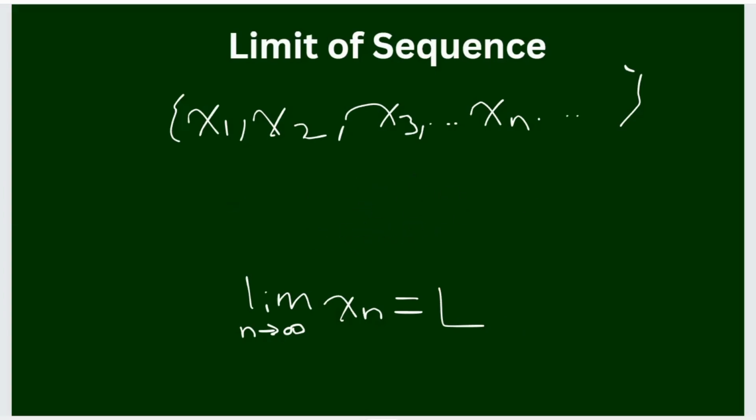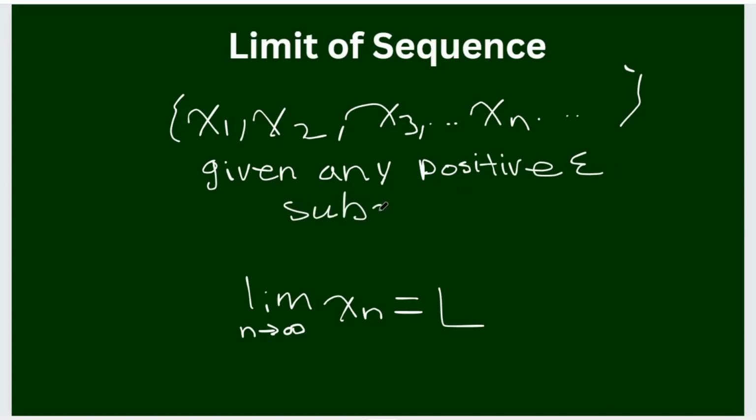Given any positive epsilon, there will always exist a sequence subscript, capital N, such that for all lowercase n greater than or equal to capital N, the following inequality will hold.